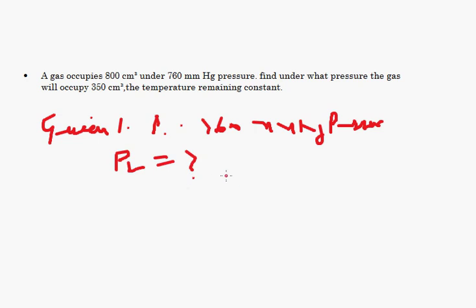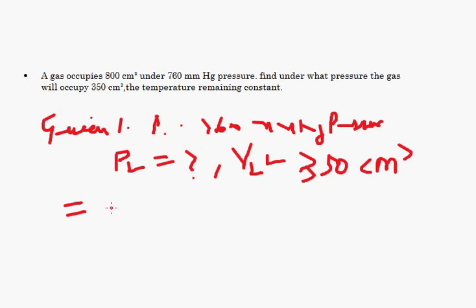P2 is to be found. V2 is 350, right? So what will be the equation which we are using? That is P1 V1 equals P2 V2.